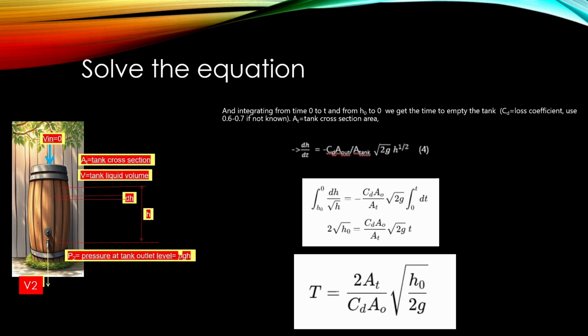If we first move our terms so that all terms related to liquid column height are on the left side and this time derivative to the right side, then we can see that if we want an analytical solution, we need to integrate, and because in our initial state we have the tank filled with water, we integrate from this water column height to 0 when the tank is empty.